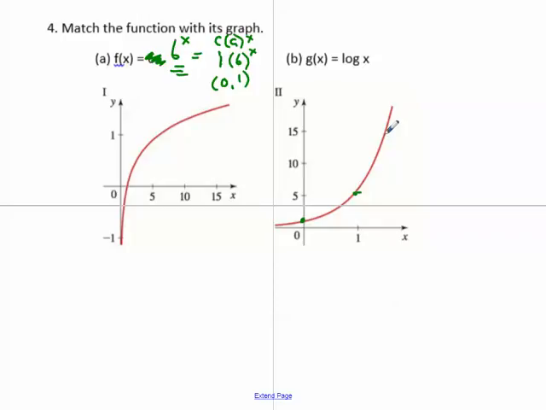We move forward 1, we multiply by 6. So sure enough, this one is exponential growth, and that is a. This is f of x. So by process of elimination, question B, or I guess 4B, has to be graph 1.